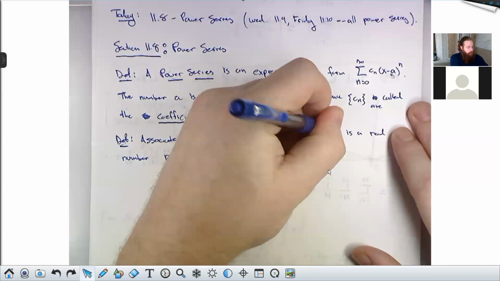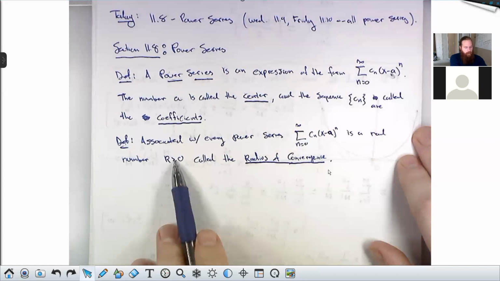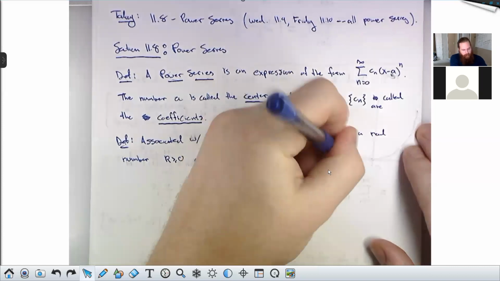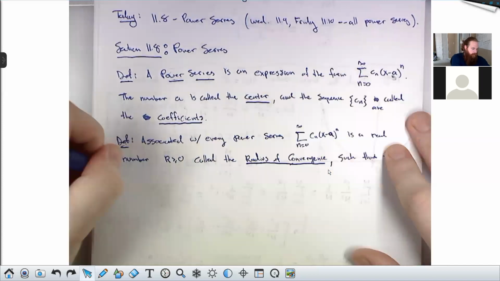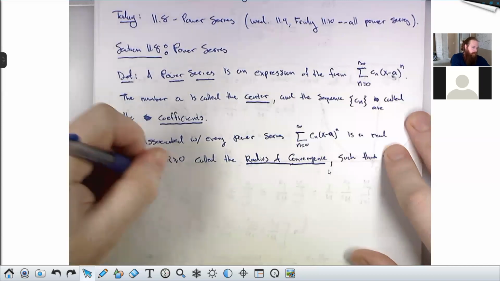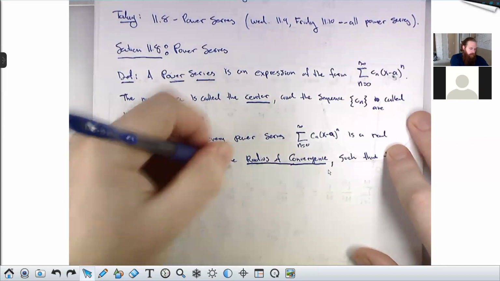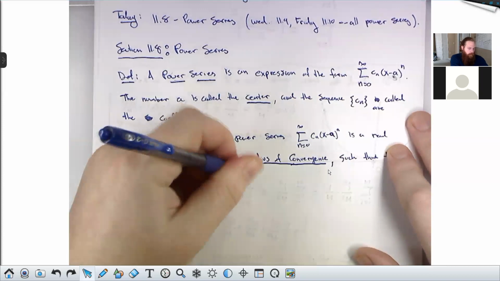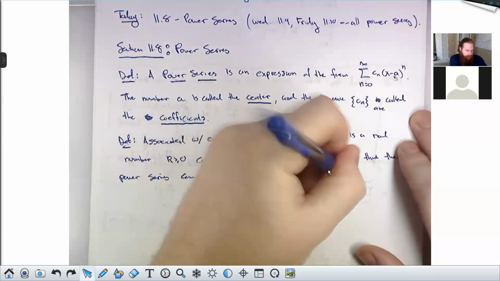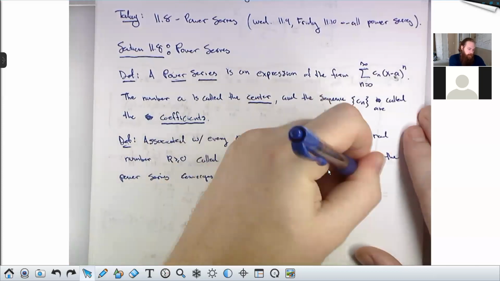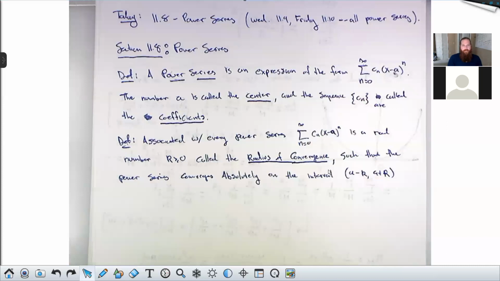Okay. So associated to every power series is a real number R, which is greater than or equal to 0, called the radius of convergence, such that the power series converges absolutely on the interval a minus r to a plus r, which is a symmetric interval.